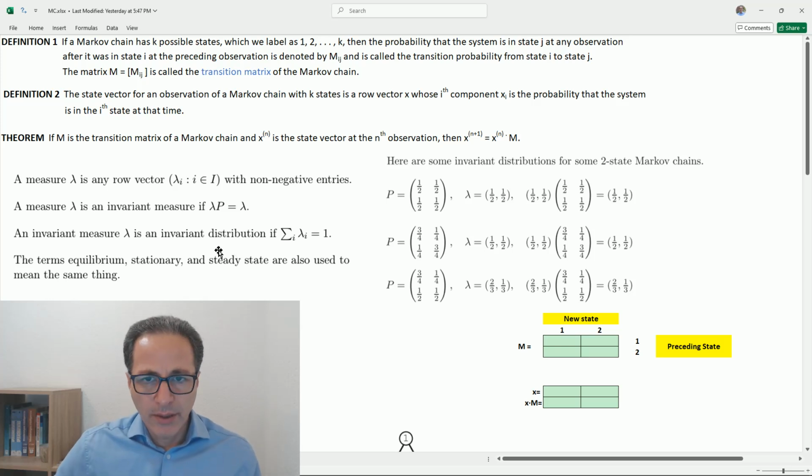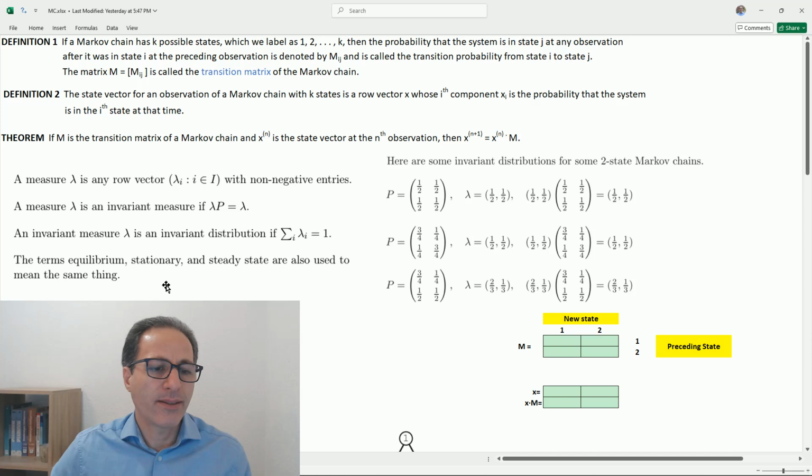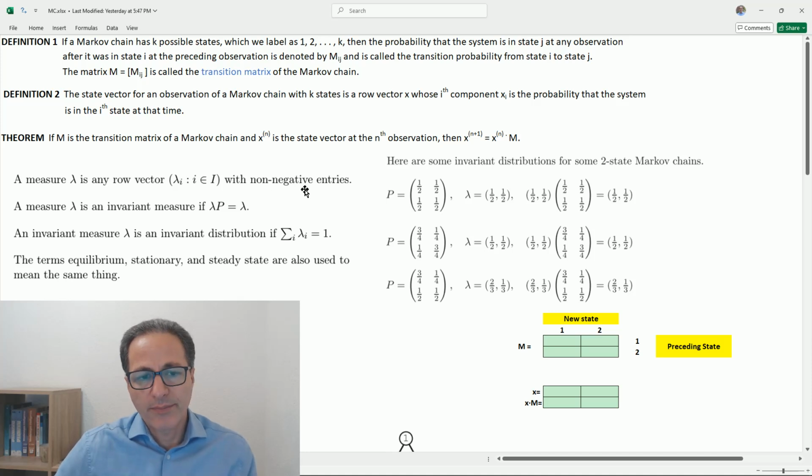And in the long run, this is also an important point, we want to see what is going to happen to the system and whether the system is going to approach a steady state or not. So what is a steady state, or stationary state, equilibrium state, or invariant distribution? First, we define a measure. A measure, in this case a row vector, is a vector with non-negative entries.